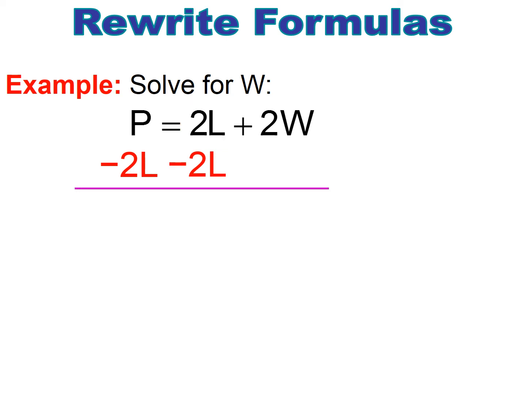And that will be rewritten. Again, I'm not attaching it to p. I'm just rewriting it. It's p minus 2l equals 2w.